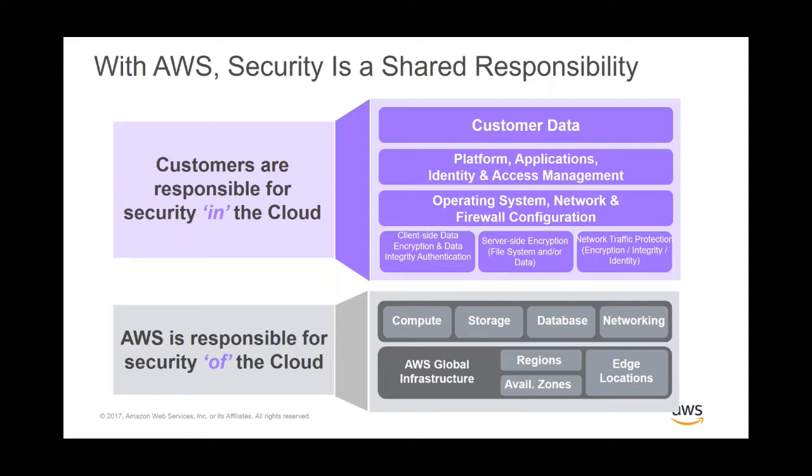So security of the cloud is taken care of by AWS, and security in the cloud is something that customers are responsible for. This way, there is always a balance of how you manage your own content within the environment.